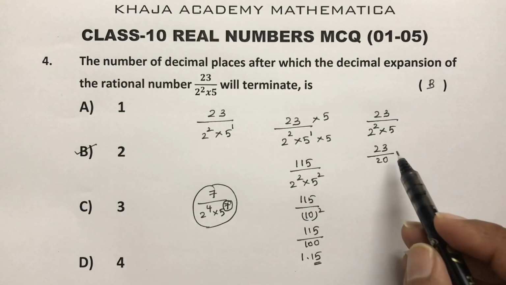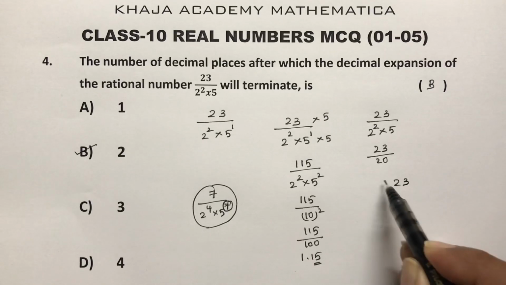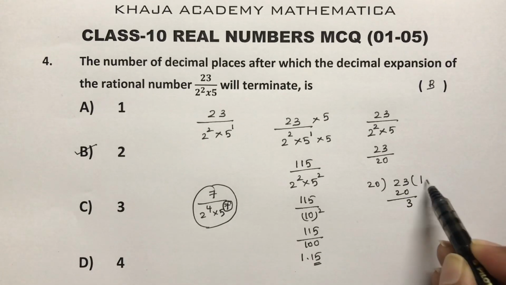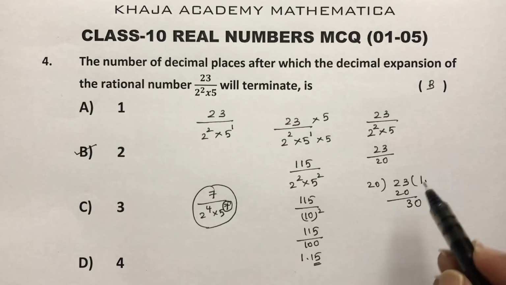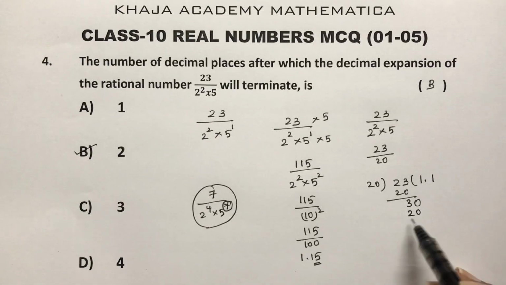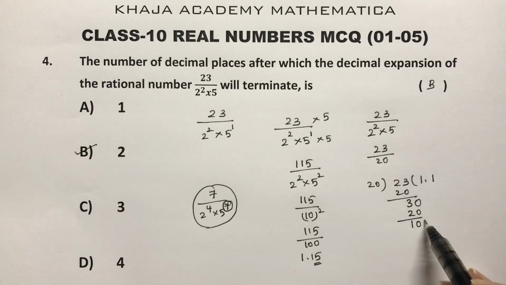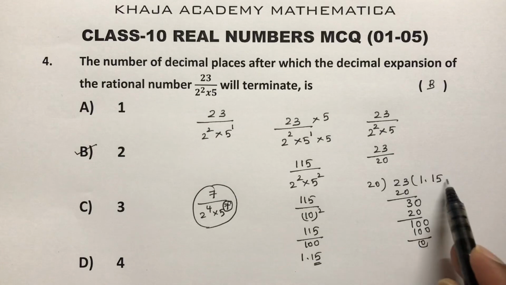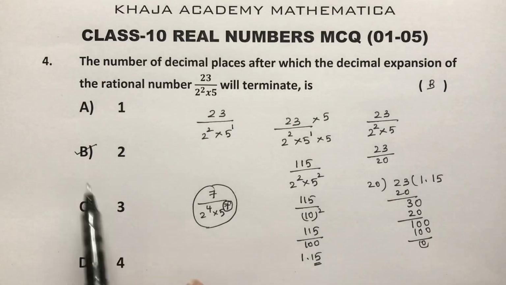With normal division you can check how many decimals. 23 by 20. 20 times 1 is 20. Then 0 point, you can take 10. 20 times 5 is 100. See, 2 decimal places. So the correct option is B.